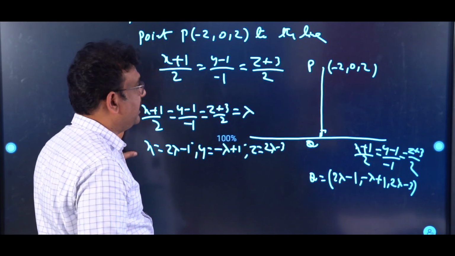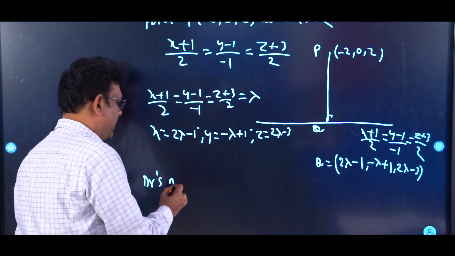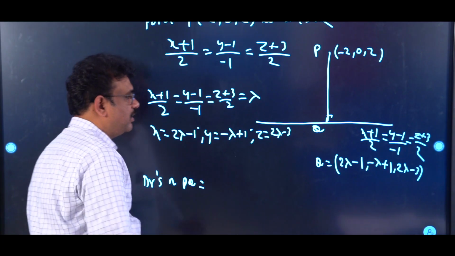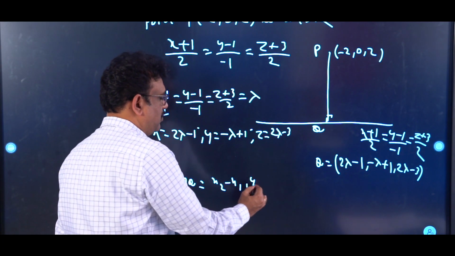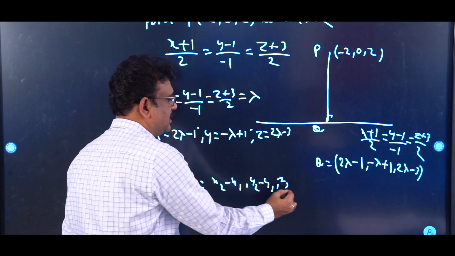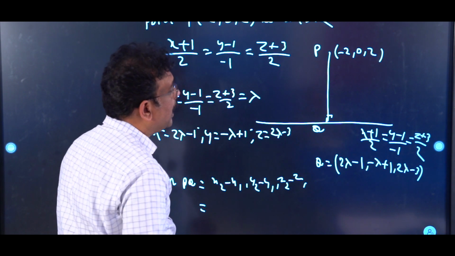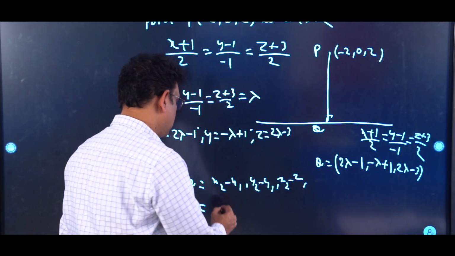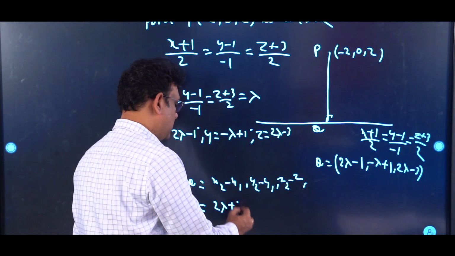So now drs of PQ is equal to x2 minus x1, y2 minus y1, z2 minus z1. That is 2 lambda minus 1 minus 2, that is 2 lambda plus 1.